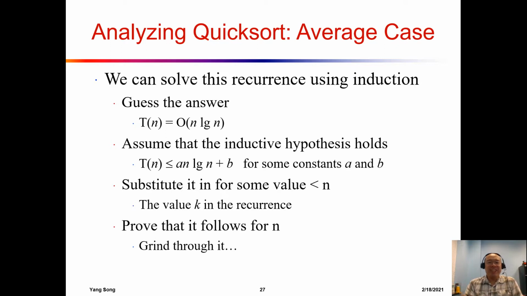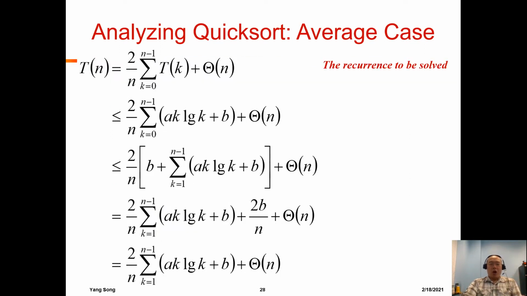It sounds really easy, right? So we just follow the standard layout of proving something using induction. We are going to use this setup to prove the average case of quicksort is also O(n log n). And then we are going to start the fun part.